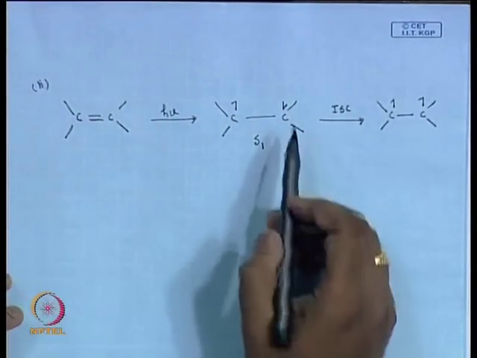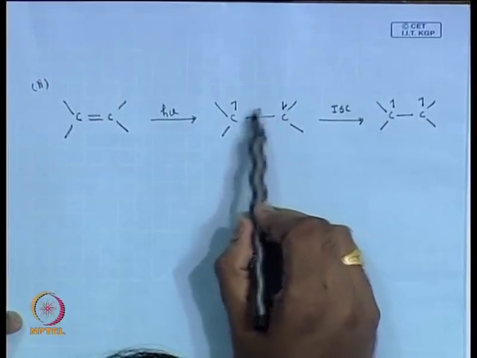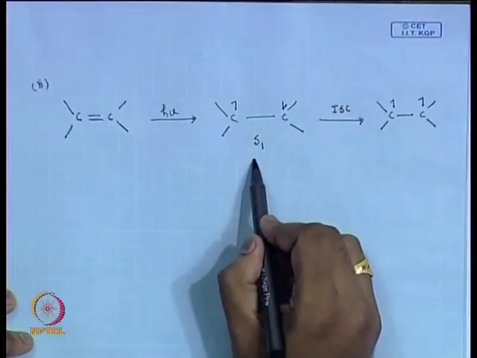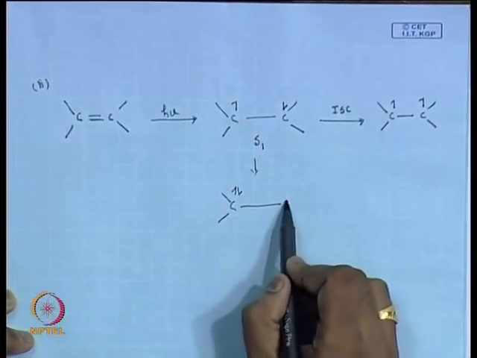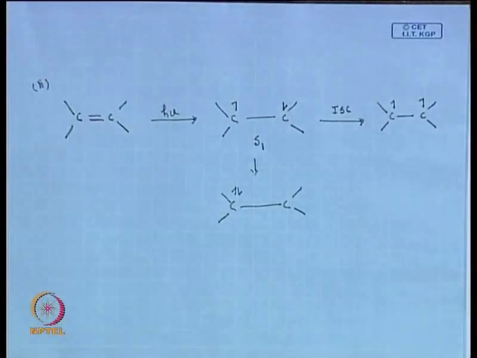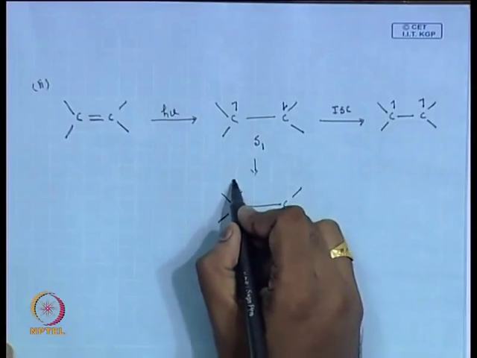It undergoes relaxation. Because of this, these two electrons which are away from each other come to the same orbital, they fall like this. Because of that twist, the whole of the electron density will flow to that carbon, and one end will become more negative and the other end will be more positive.